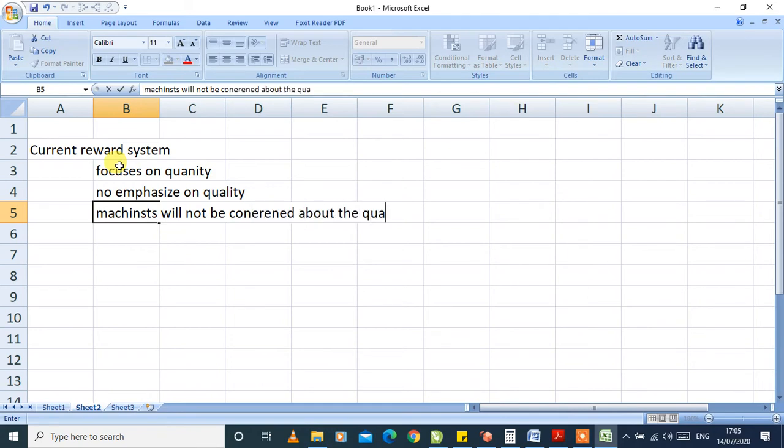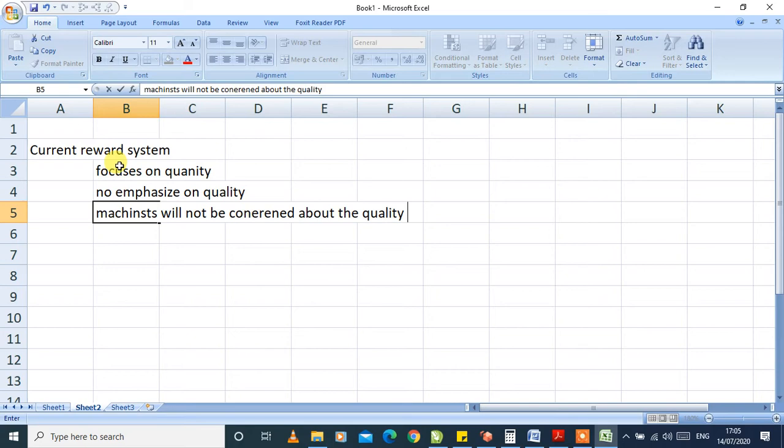Isn't it a serious problem, guys? Your employees are not so worried about the quality. They will focus on how to make more units, how to make more output, even with defects, because defects are not going to reduce their bonus. It's just how many units you have made. That's what matters. So that is a problem here, right?